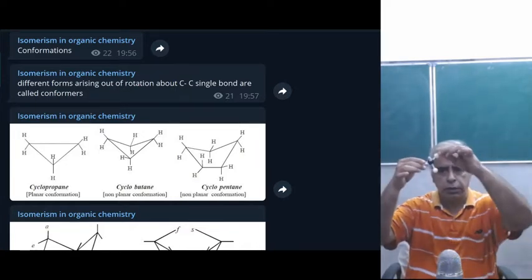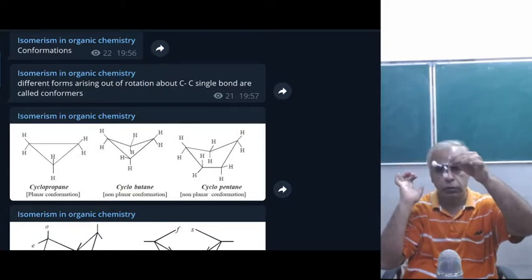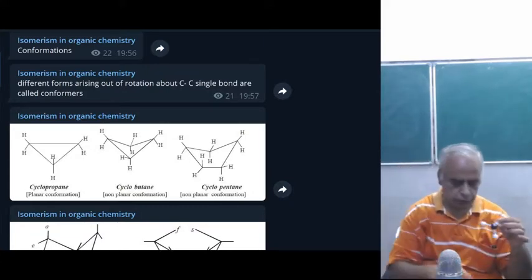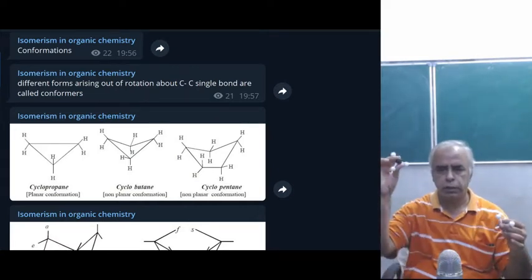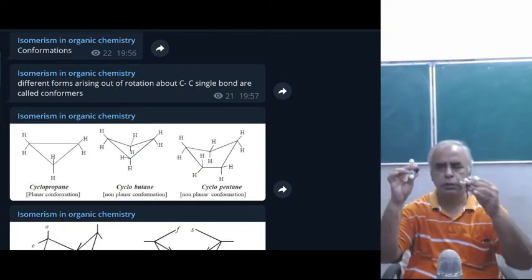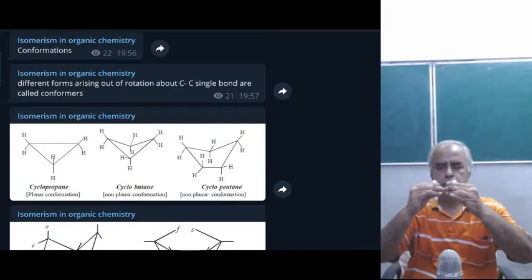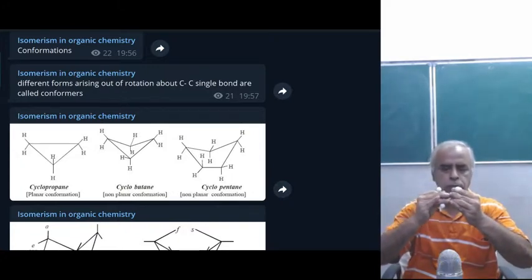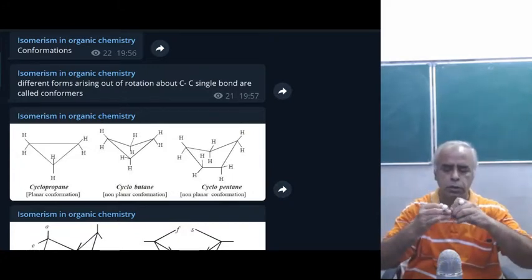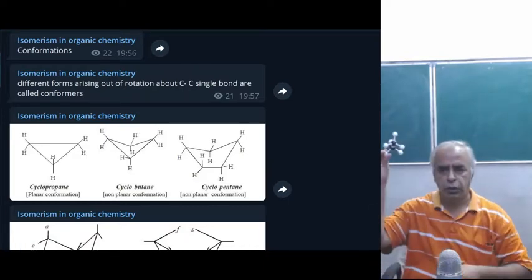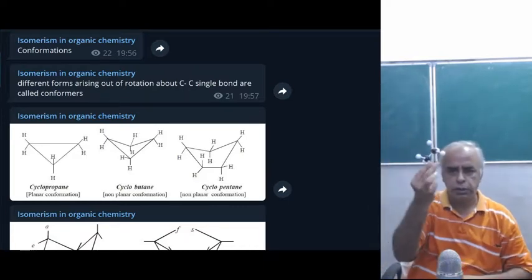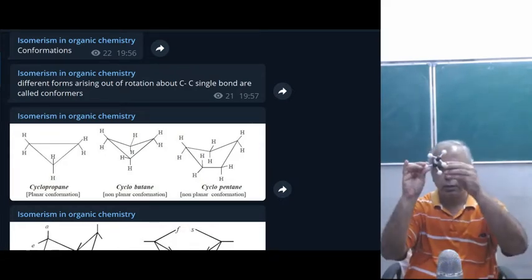Let me join it with another CH3. Now what is this structure? This is ethane. Are you able to follow?